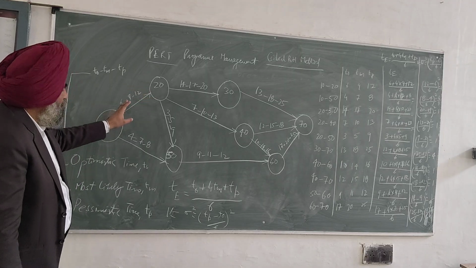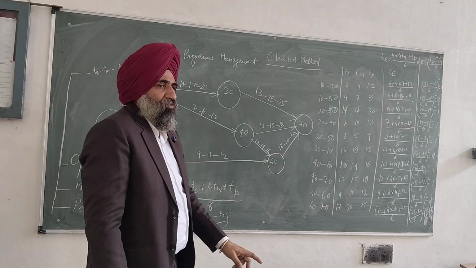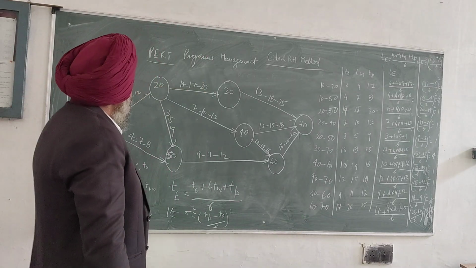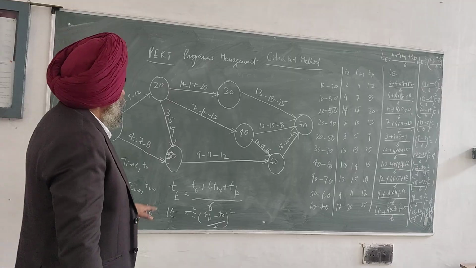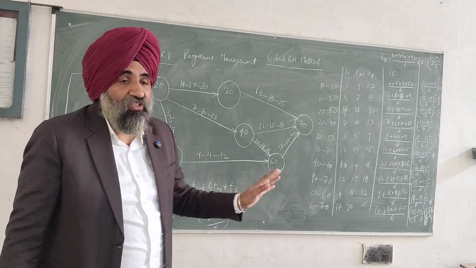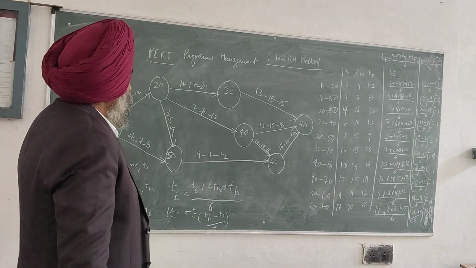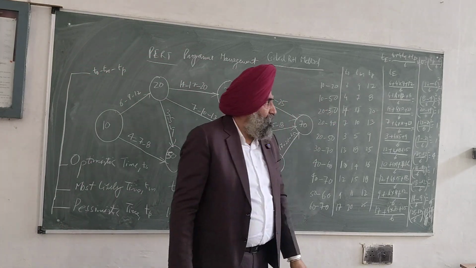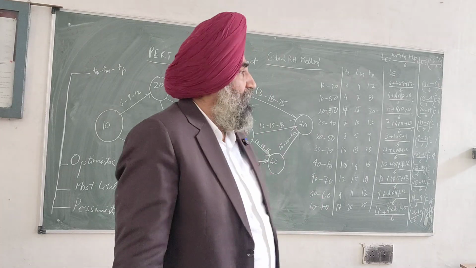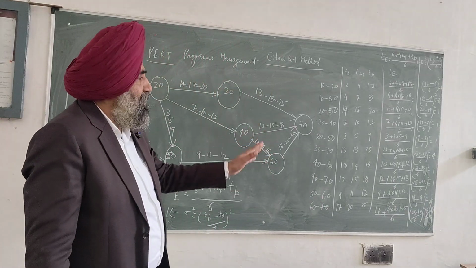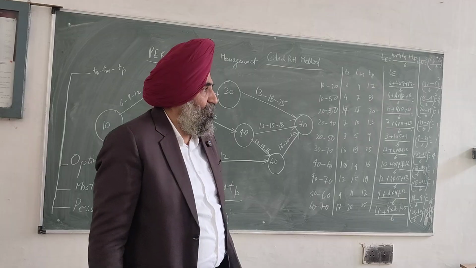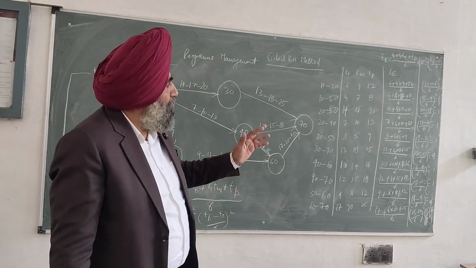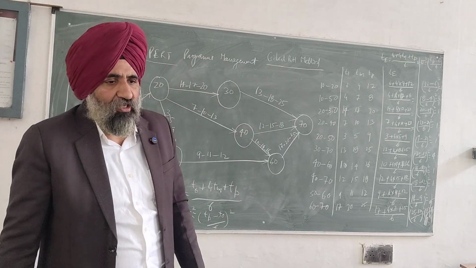We get one unique value in the form of the expected time, and corresponding to that we have calculated the dispersion, the variance. So today we discussed two things: the expected time for each activity and the variance for each activity. Later on, we will use them for finding the critical path.